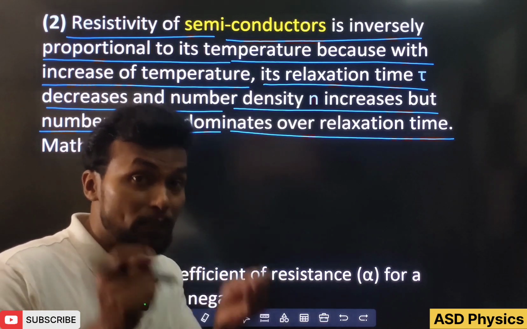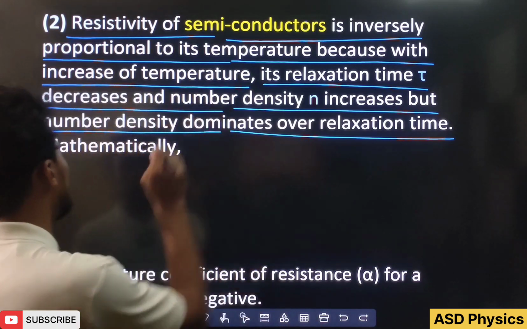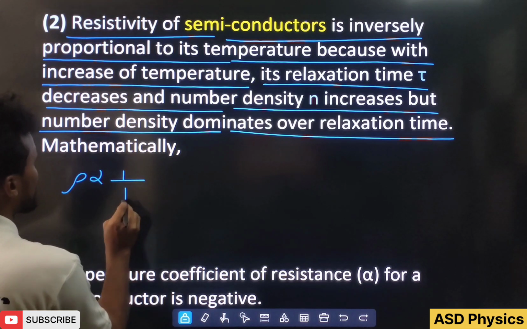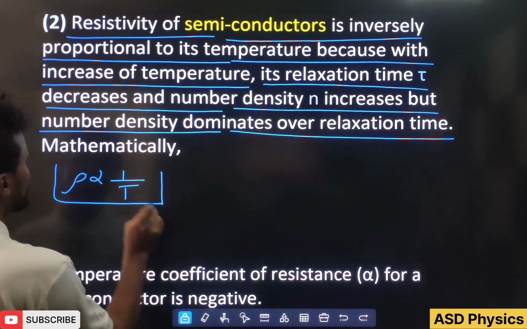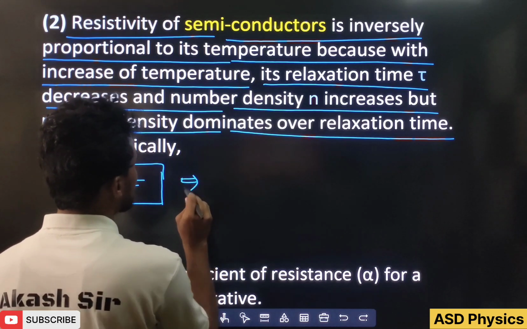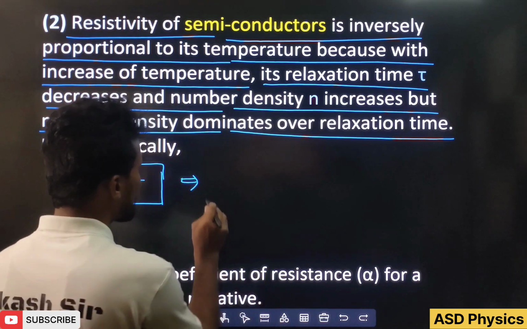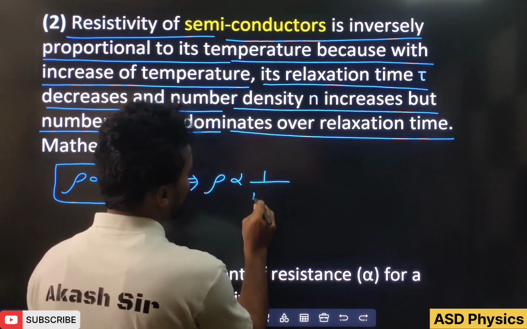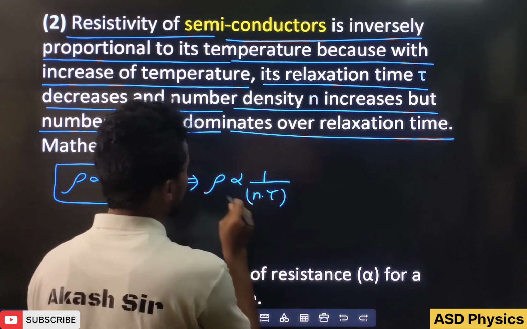That means at the end the number density will decide what is going to happen. So the resistivity of the semiconductor, rho, is inversely proportional to temperature. And if I write from the formula, rho equals m by n e square tau, so I can write rho is directly proportional to 1 by n tau.